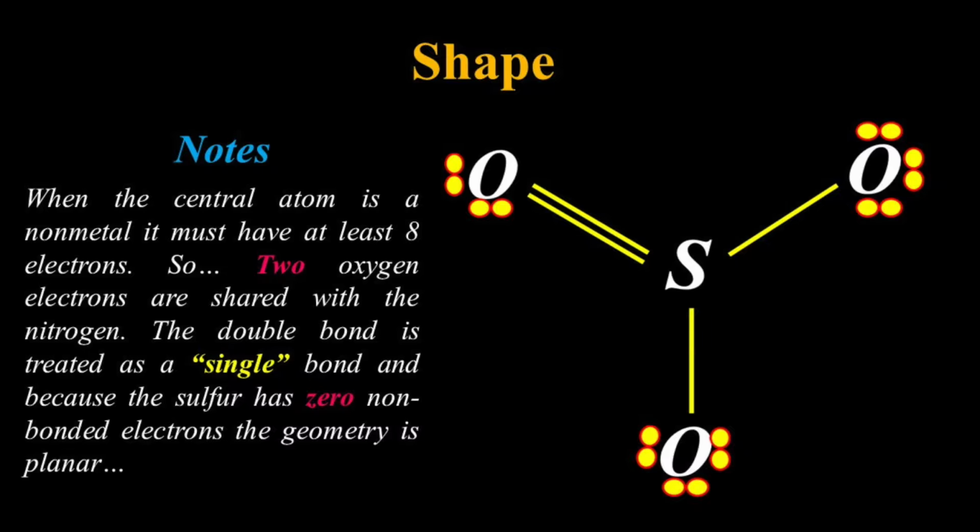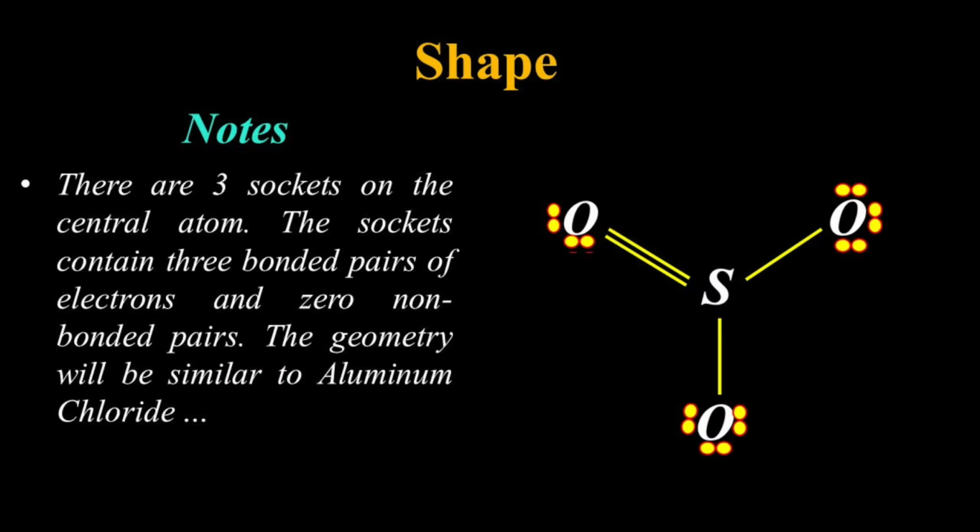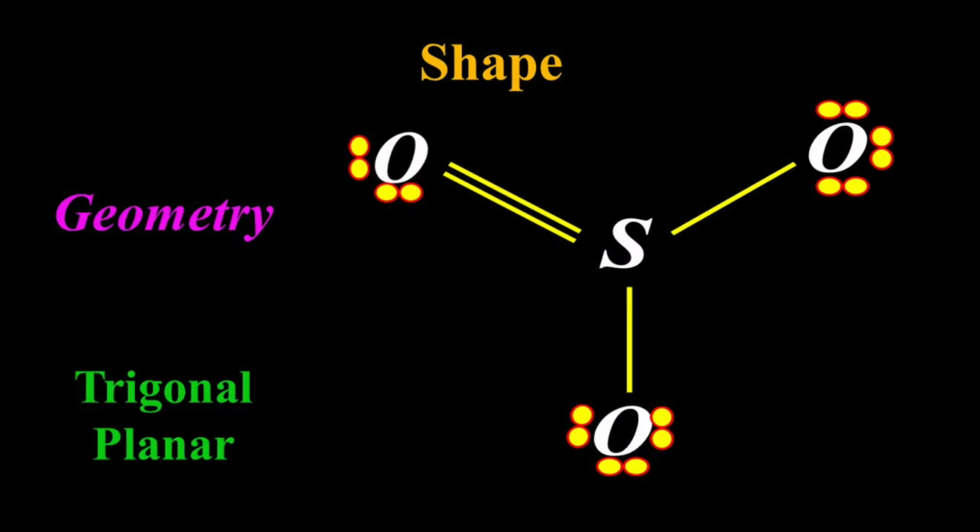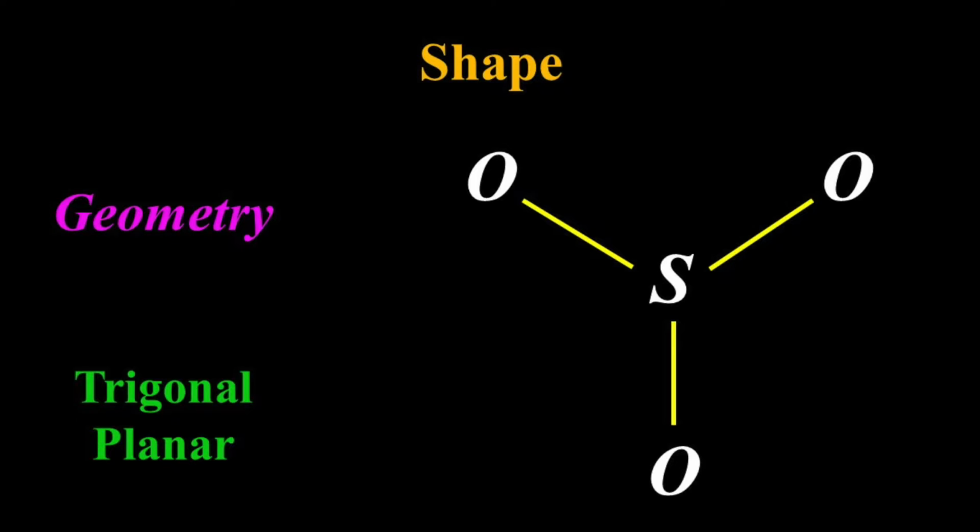There are 3 oxygen atoms, so 3 sockets on the central atom. The sockets contain 3 bonded pairs of electrons and 0 non-bonded pairs. The geometry will be similar to aluminum chloride, so the geometry will be trigonal planar, as we can see here.